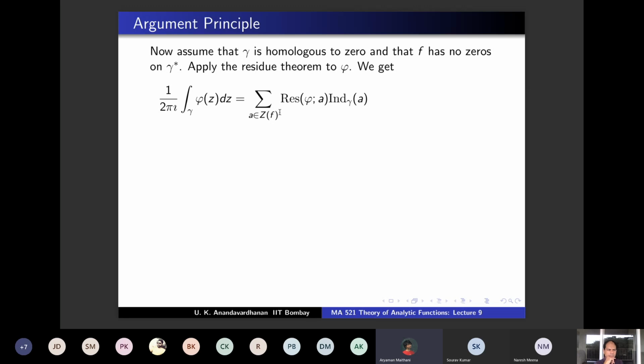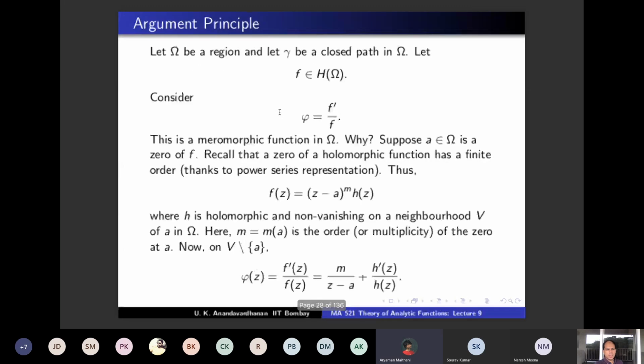Yes. And then I will individually calculate each pole separately, and there I'll see that it will just come out to be the local argument. Yes, on V minus A. At a given 0 you will do this, and at a given pole you will do this, and you will get minus m where m is positive, right?